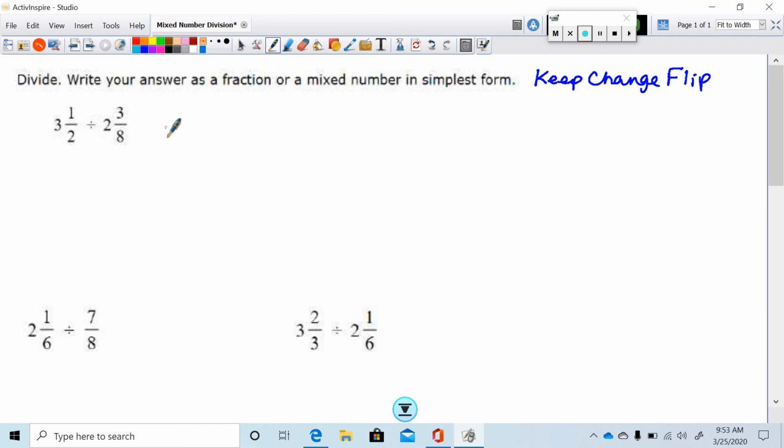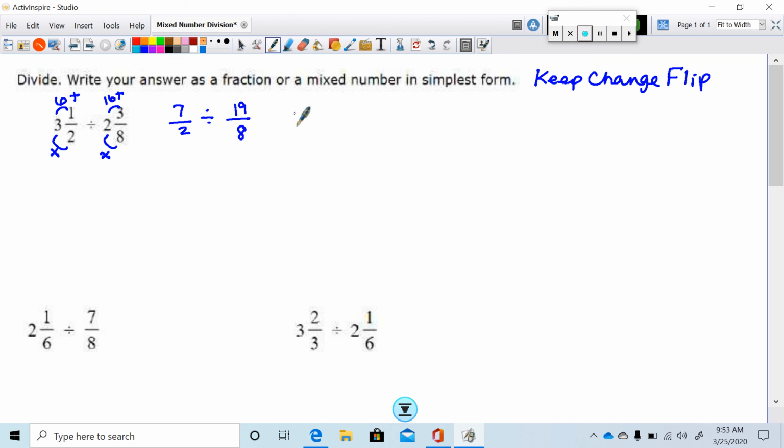You keep the denominator like it is, you multiply, 2 times 3 is 6, and then you add. 6 plus 1 is 7. Again, we kept the denominator, multiplied, 8 times 2 is 16, and add. 16 plus 3 is 19.